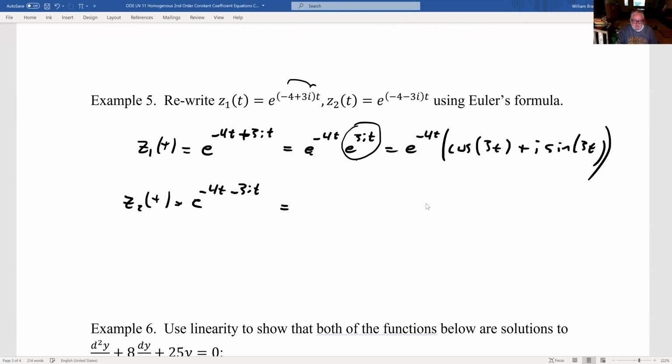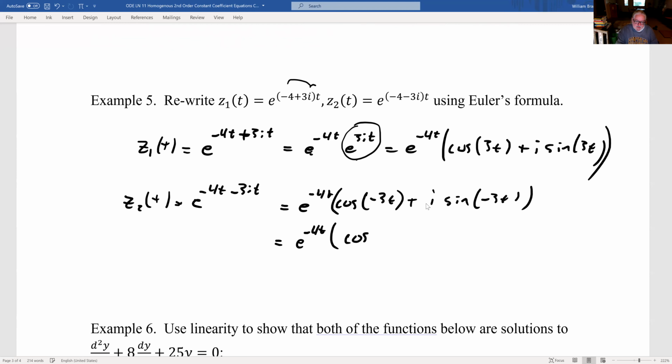So I'm just changing the sign from plus to minus. We grind through everything, it becomes e to the minus 4t times cosine minus 3t plus i sine minus 3t. And we keep in mind that cosine is an even function, so cosine of minus 3t is equal to cosine 3t.